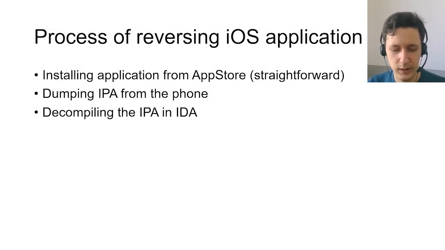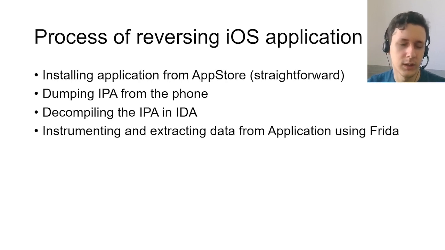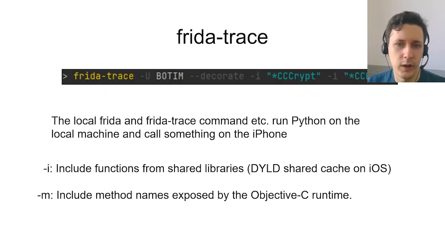To explain the next stage in our work, which is instrumenting and extracting data from the application using Frida. Most of the work we will be doing is using Frida trace.